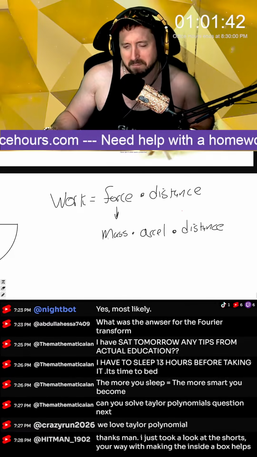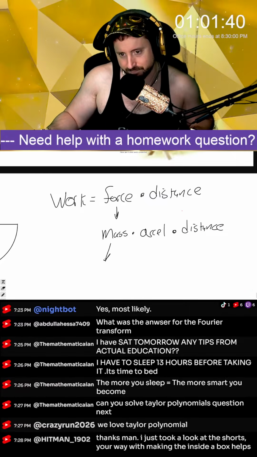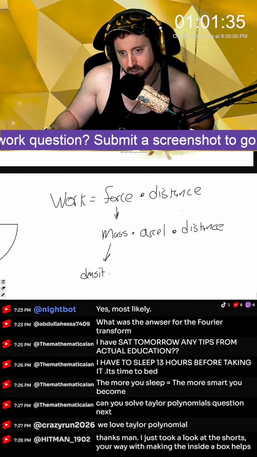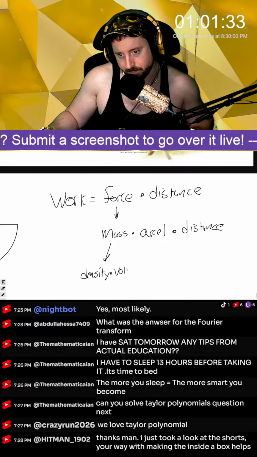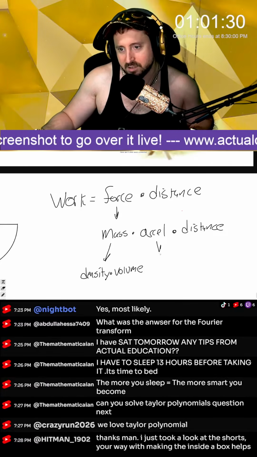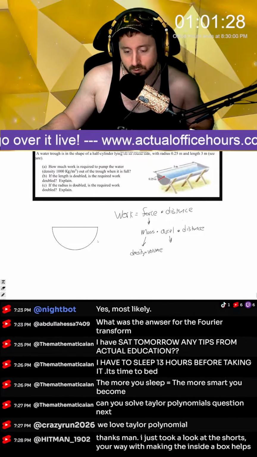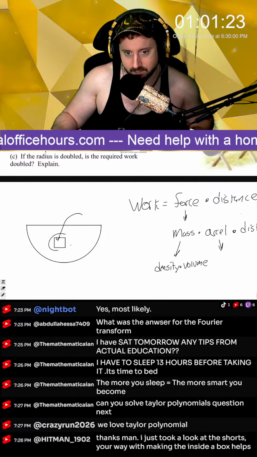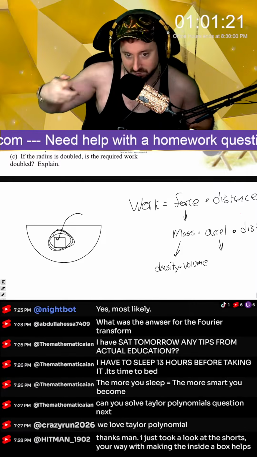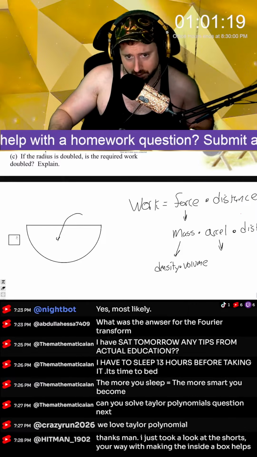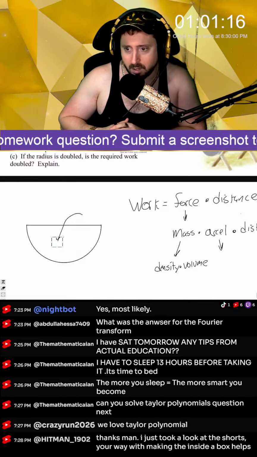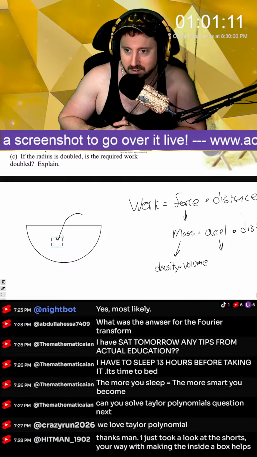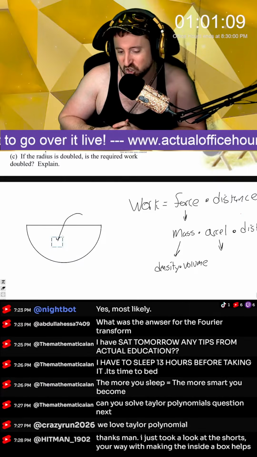Okay. And then mass is equal to density times volume. So, in order to lift a piece of water, a piece of mass out of a container, the force you need to apply needs to be equal to m times g.